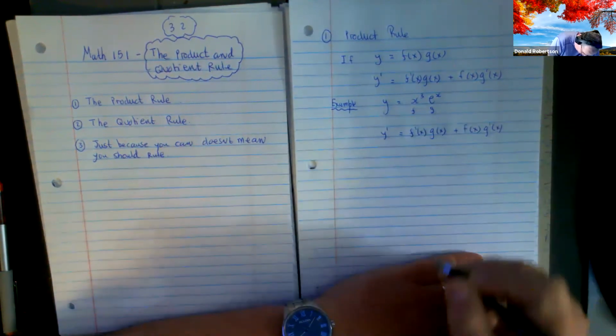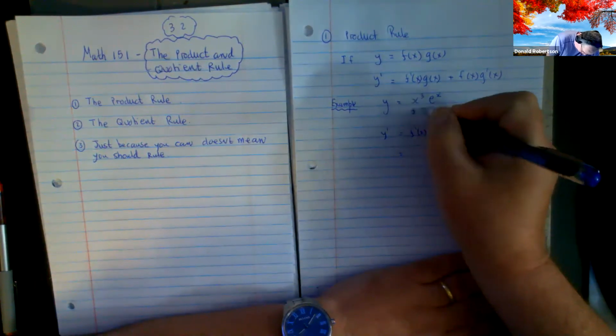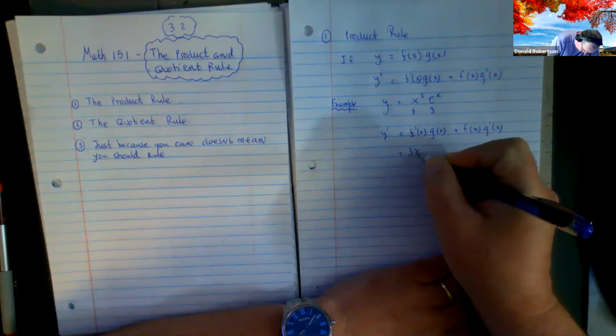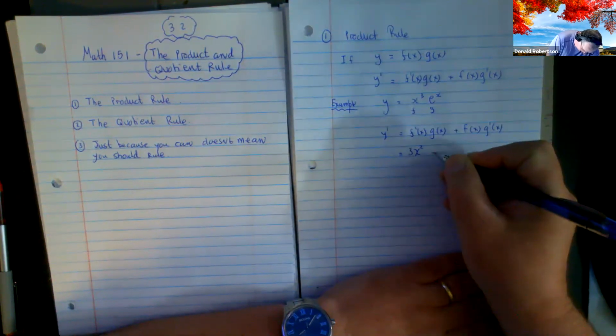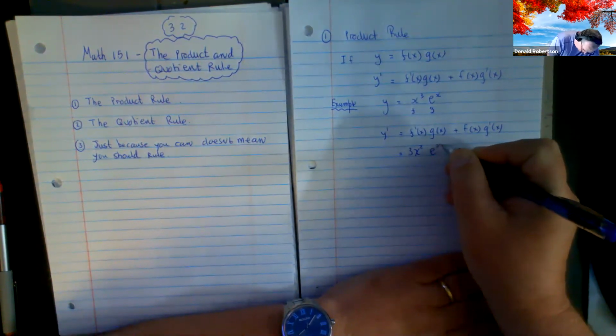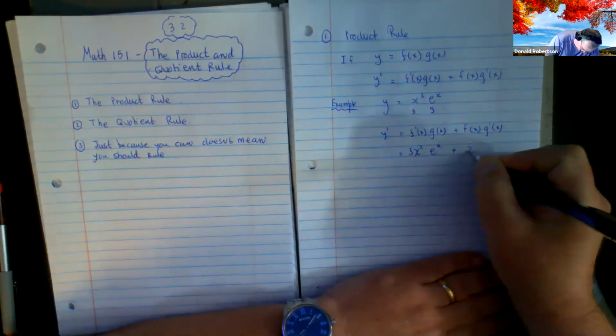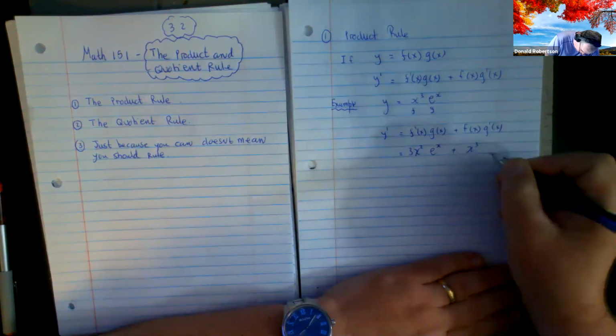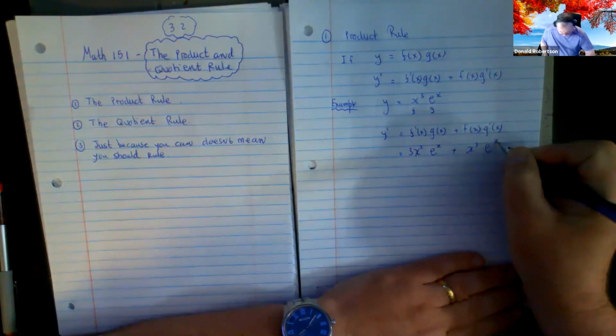And if you differentiate x cubed, it's a power rule, you get 3x squared. If you leave that one alone, you still get e to the x. If you leave the first one alone, you get x cubed. And if you differentiate e to the x, you get e to the x.